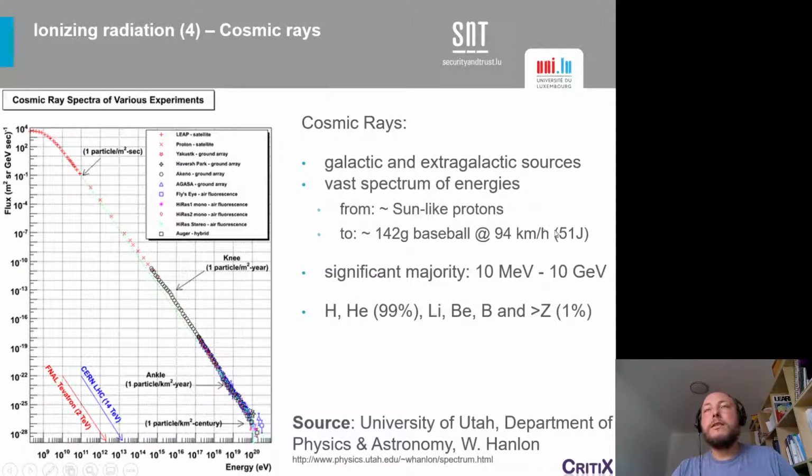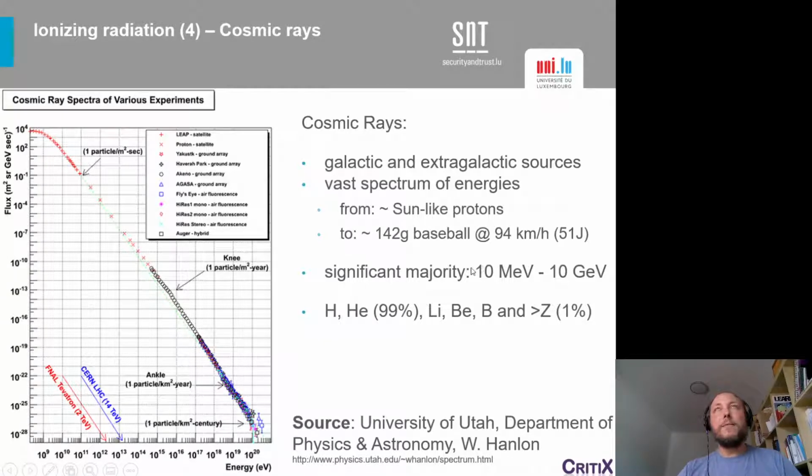Let's say the highest energy ever recorded of such a particle was 51 joules, which is the energy of one single ionized particle, equivalent to a baseball, which is almost 150 grams, at a speed of 94 kilometers per hour. That's a huge energy.